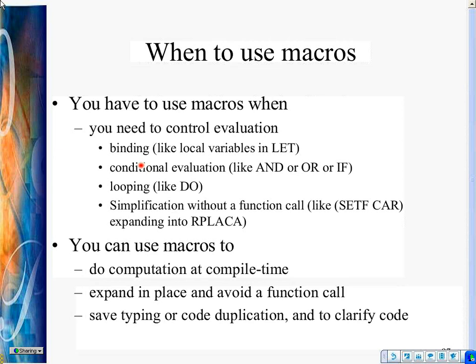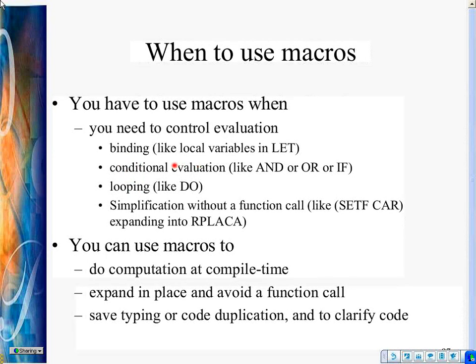If you had a function, it would always evaluate all the arguments first thing, before it did anything else. So you were already breaking the contract of OR, which promises not to evaluate after it's found the non-nil value. So that's what's meant by control evaluation.